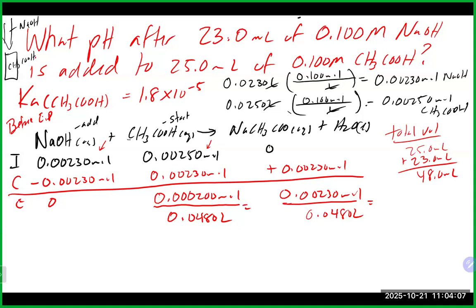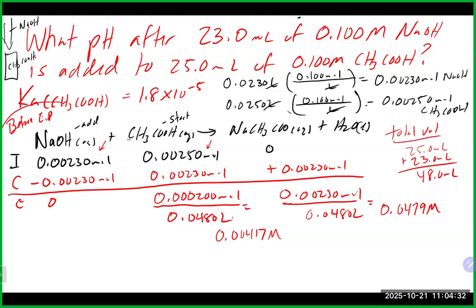That's going to get me 0.00417, we'll call it, and 0.0023 divided by 0.048 looks like 0.0479 molar. First off, any questions on the table?